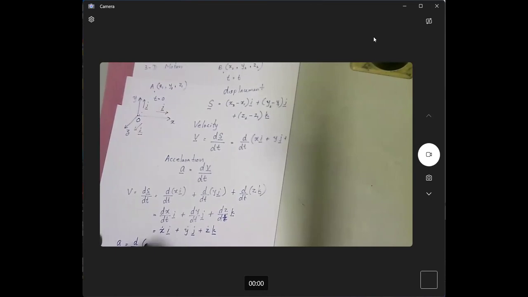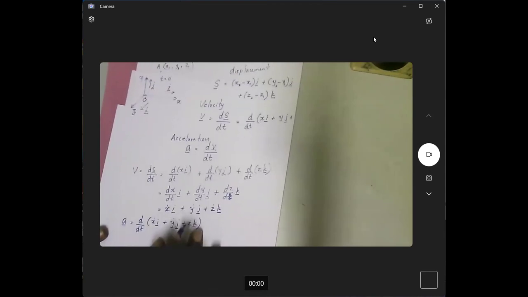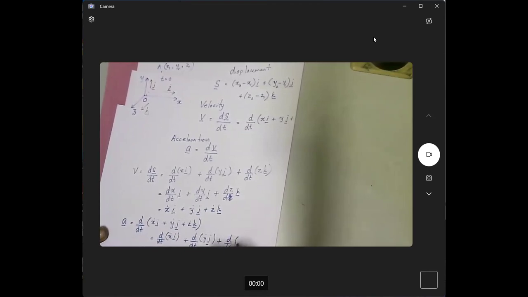I have x dot i, y dot j, and going with the previous argument, d over dt of x dot i, d over dt of y dot j, plus d over dt of z dot k.